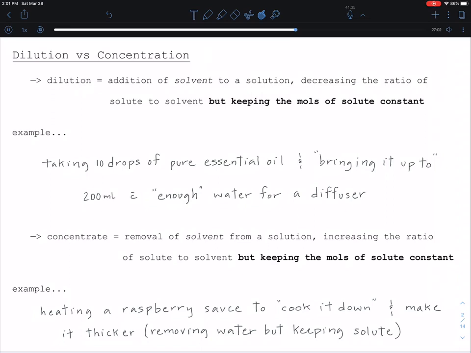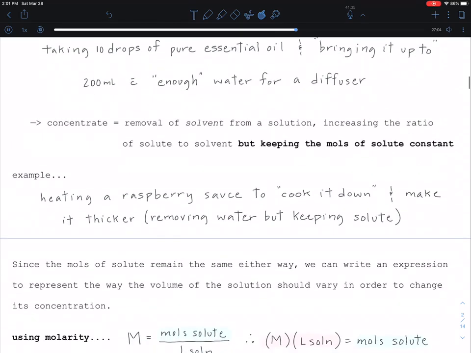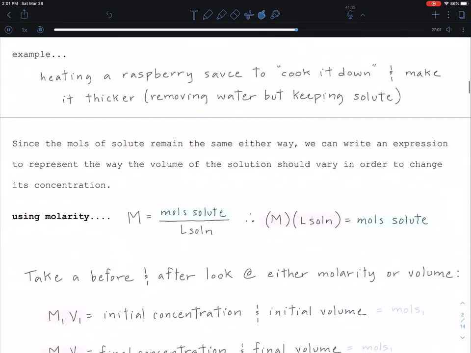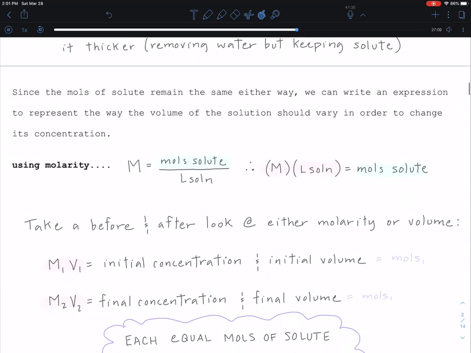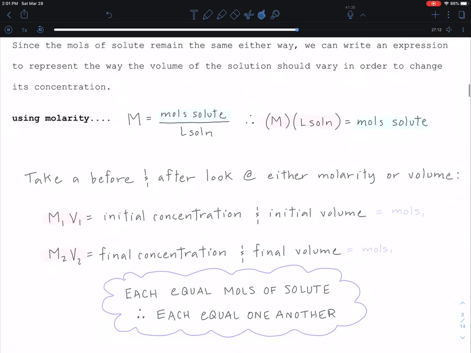So since we can go ahead and say, well, if the moles of the solute are going to stay the same, and the molarity is defined to be the moles of the solute divided by the liters of the solution, then if I were to take the concentration and multiply that by the volume of the solution, I could figure out how many moles of solute I had.